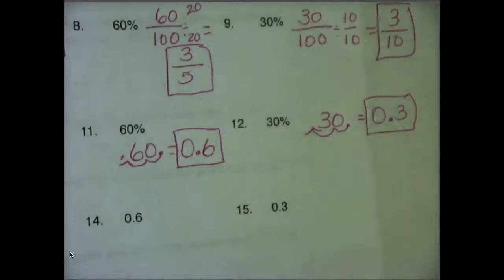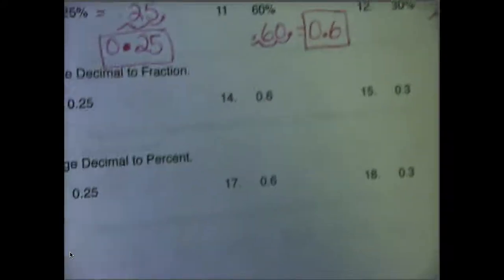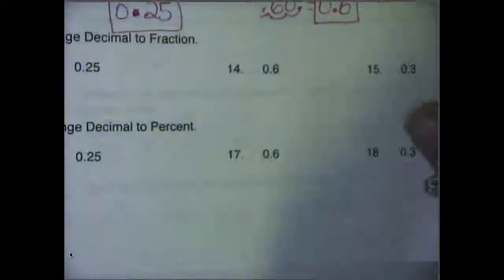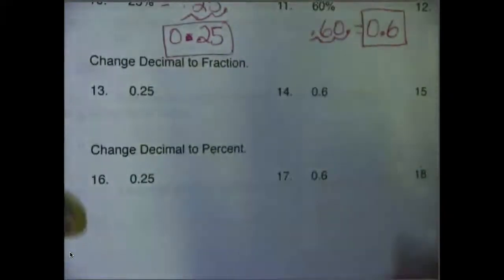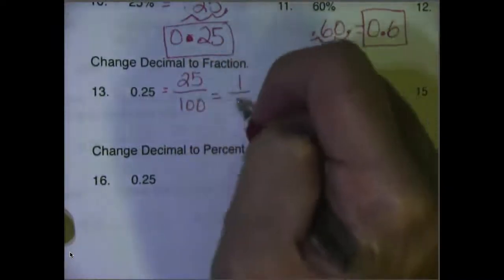Those of you in pre-algebra, you have a foldable in your math journal that goes through how to do each of these things. So not only do you have this video and these guided notes, but you also have a foldable. Change a decimal to a fraction. Well, we're going to take 25 hundredths and write 25 over 100 and simplify it to 1/4.